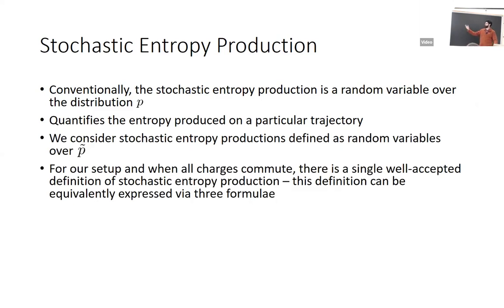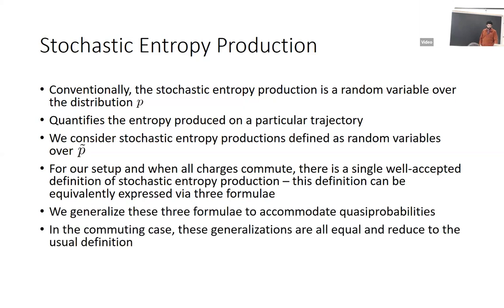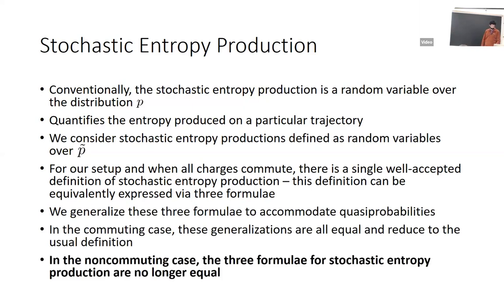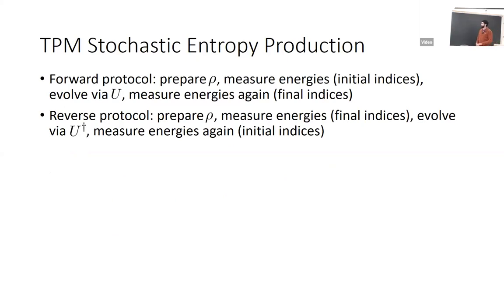And as I've mentioned, there's a single well-accepted definition, which we're then going to generalize. And the generalization is going to be accommodating quasi-probabilities instead of probabilities. So the definition in this two-point measurement scheme of the stochastic entropy production, the sort of commuting case, basically starts from this idea of a forward and a reverse protocol.